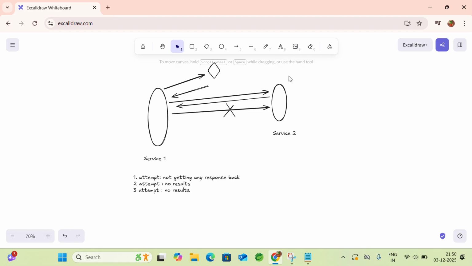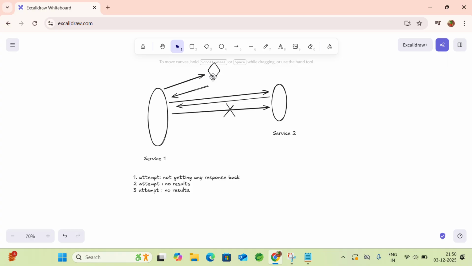This only happens for a short time that we fix, say 10 seconds or 20 seconds, and after that, it will recheck. If we are getting the response, that means the problem has been solved. Otherwise, again no result, and again we put the circuit breaker. This is how we reduce the rush over service 2 for the incoming data.